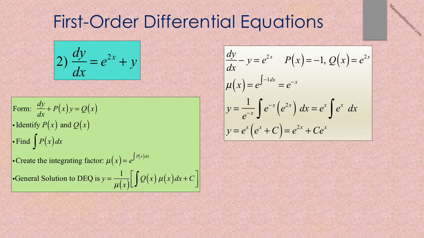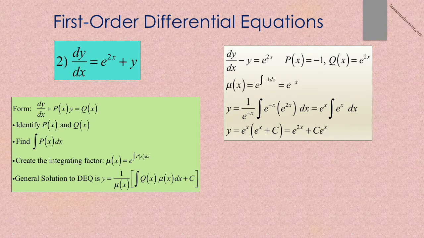Therefore, mu of x is equal to e raised to the integral of negative 1 dx, and that becomes e to the negative x. So our solution is y equals 1 over e to the negative x times the integral of e to the negative x, e to the 2x dx.